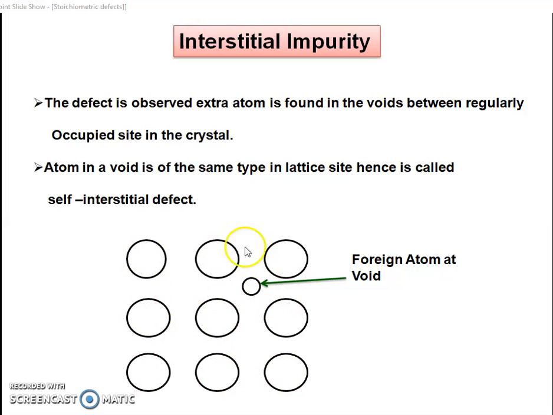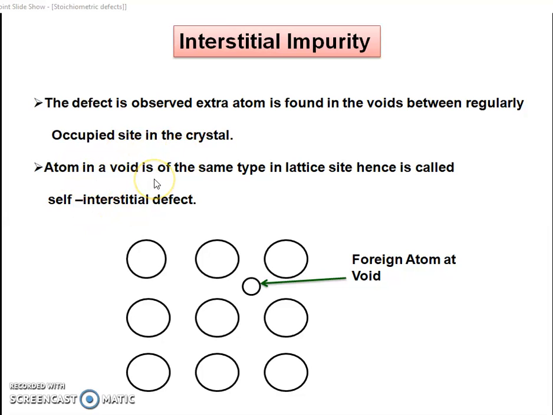So these atoms are there, but one extra atom is present, called the foreign atom present at a void. So the interstitial impurity is present in the voids between the regular sites.